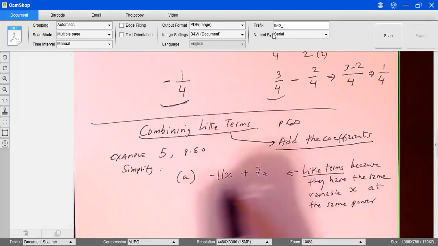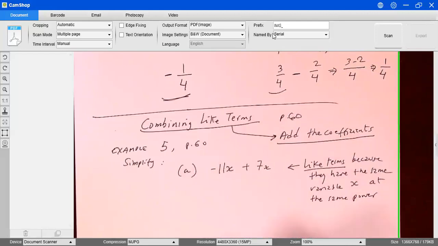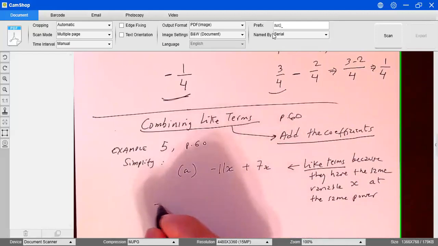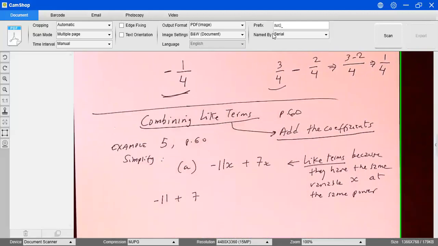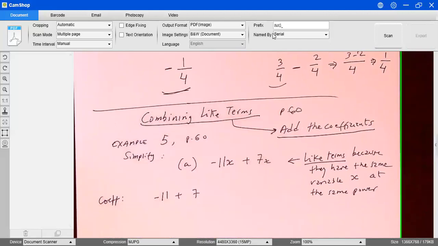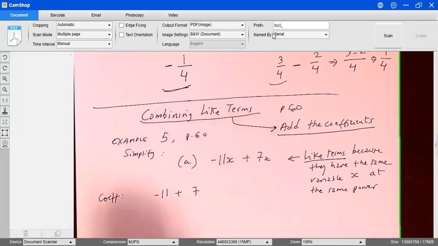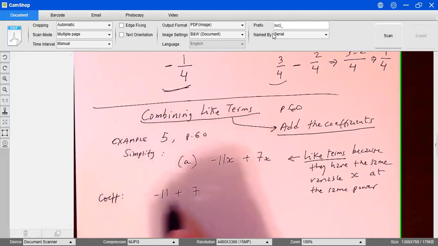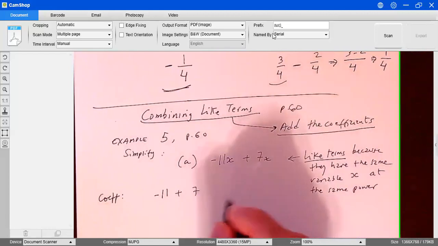Now, to combine like terms, you need to focus only on the coefficients. So you have to add the coefficients. What are the coefficients here? Negative 11 plus 7. So we're going to work with the coefficients first. So negative 11 plus 7, this is the addition of two numbers with different sign. So how do you solve this problem?